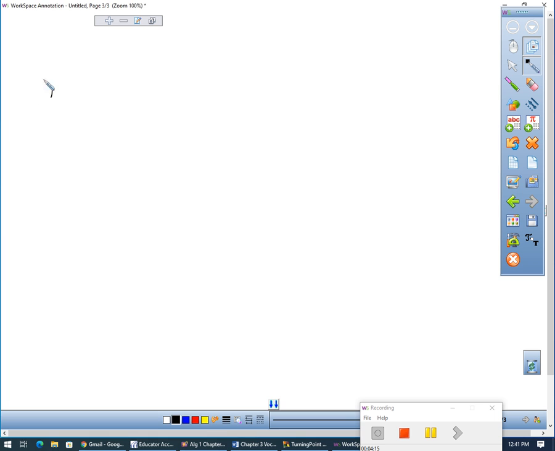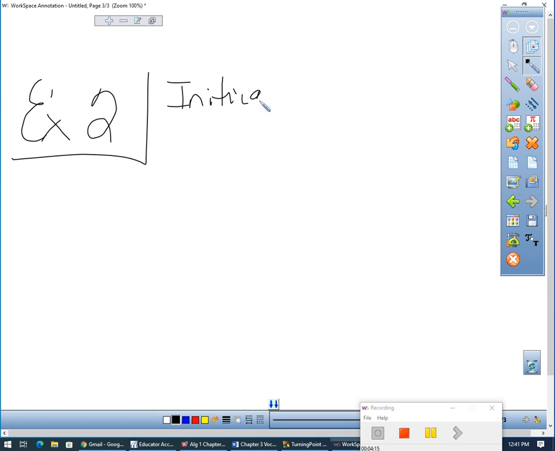So here is example number 2. Let's say I have an initial value of, how about 52? The initial value is which letter? A. It's the number in front, right? It's the initial amount. Okay?